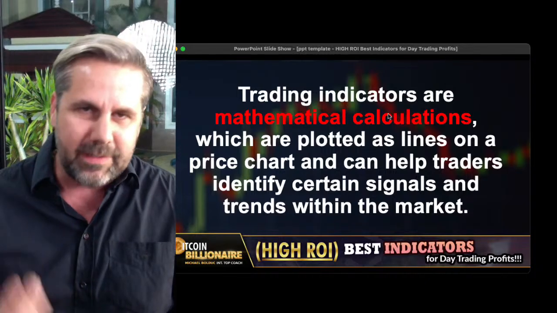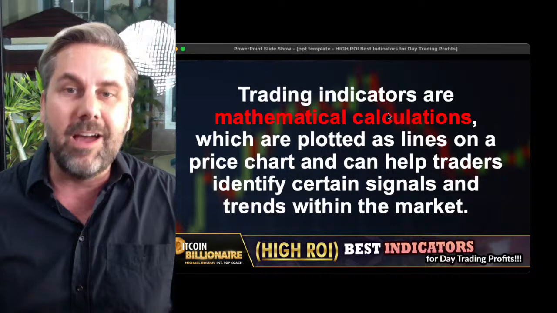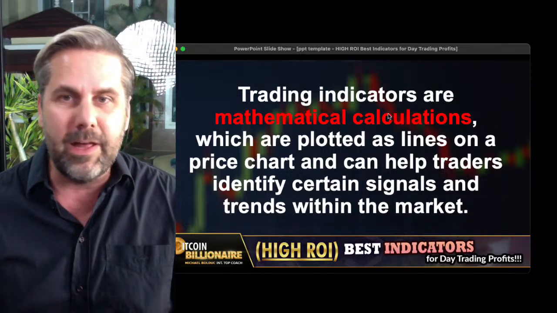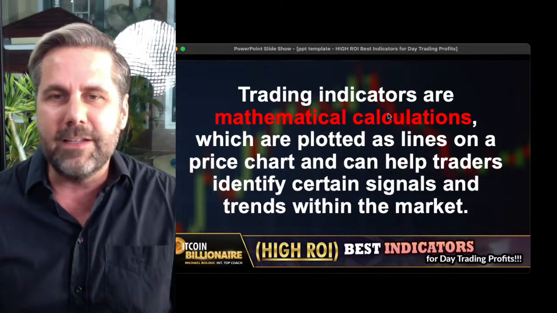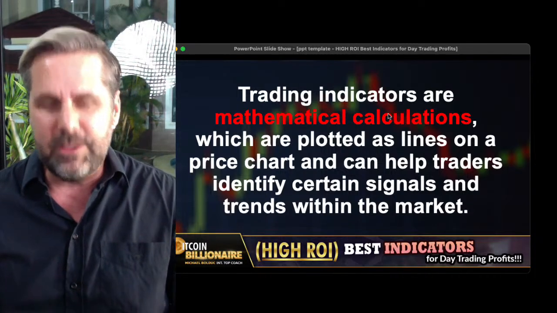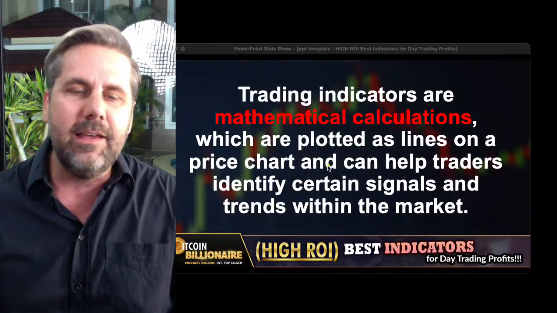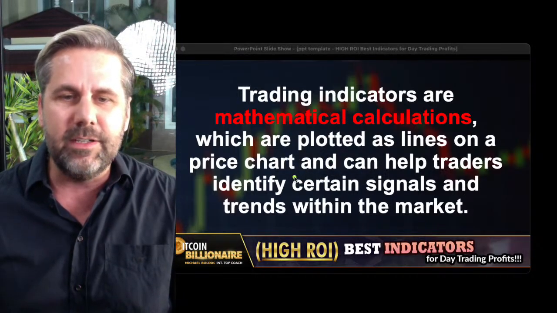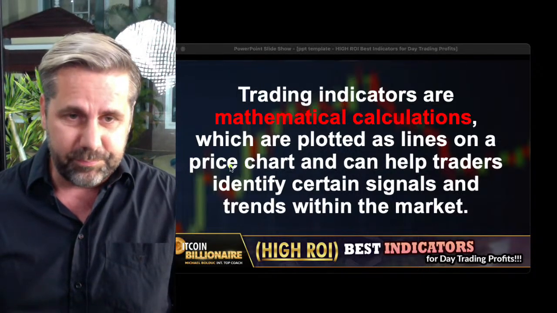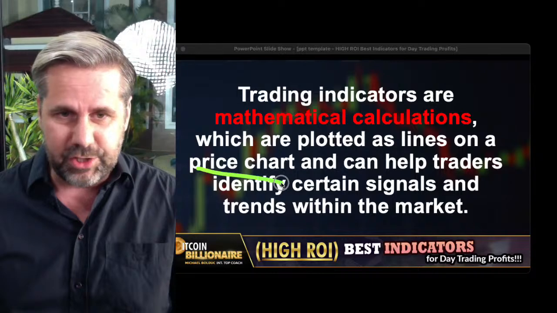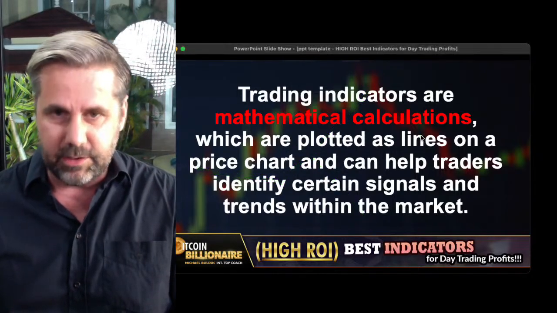The first one is simply this: trading indicators are mathematical calculations, which are plotted as lines on a price chart and can help traders identify certain signals and trends within the market. So basically, in short, all we're trying to do is predict what the price is going to be, to see if the price is going up or going down. That's all we're trying to do here.